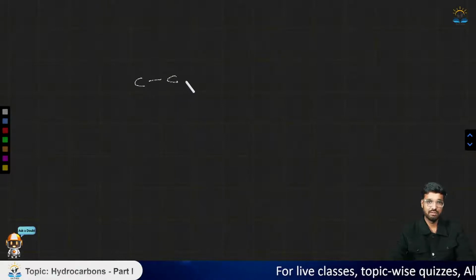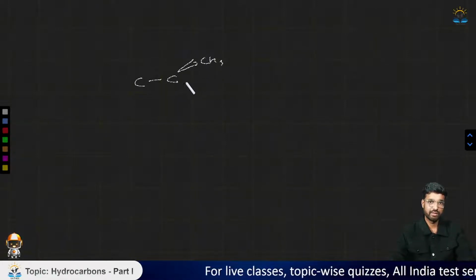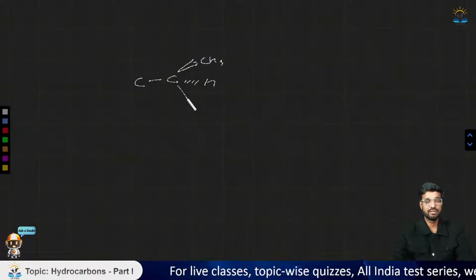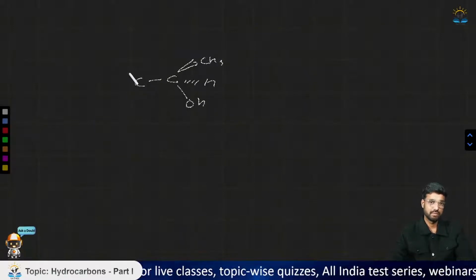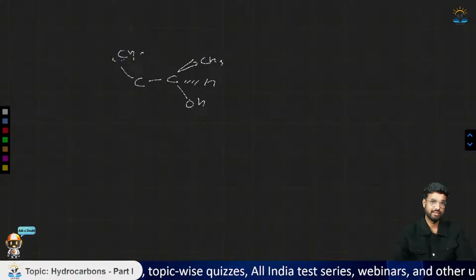Suppose this is the carbon that we have here. This is a CH3. Suppose this is the H. This is the OH. Similarly, suppose this is the OH that we have here. Suppose it is CH3.